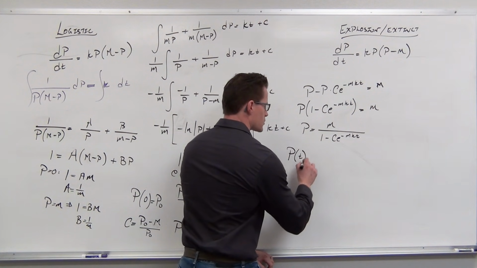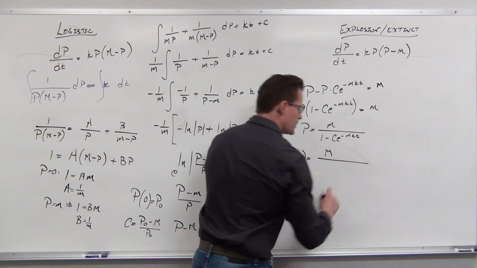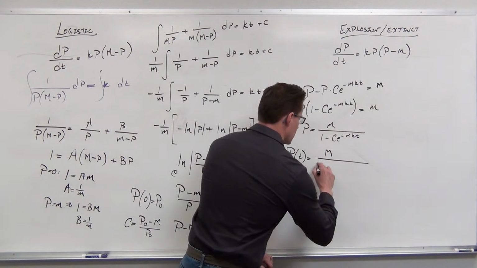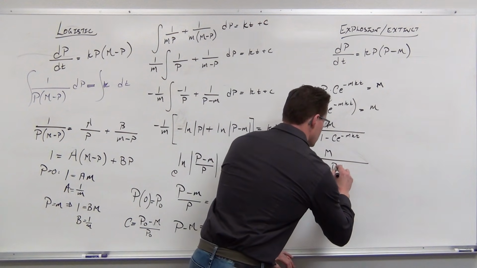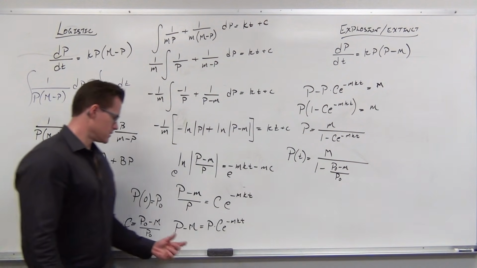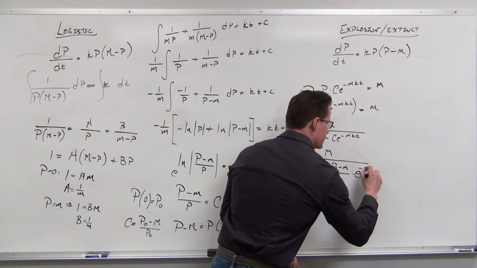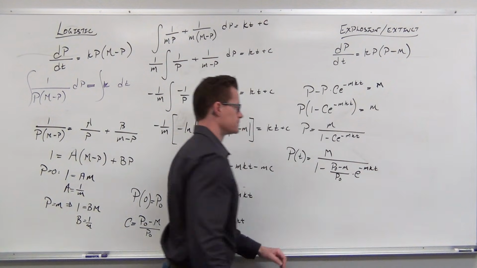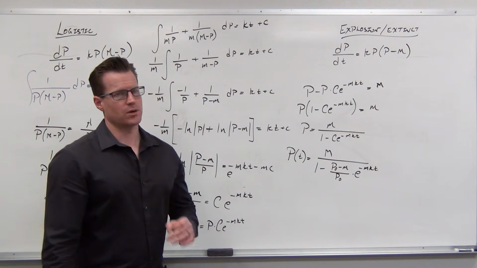So our population with respect to time is some constant m based on birth rate and death rate, 1 minus c, which is that p sub 0 minus m over p sub 0, times e to the negative mkt. Now, that might not look very good to you, but we are almost done.